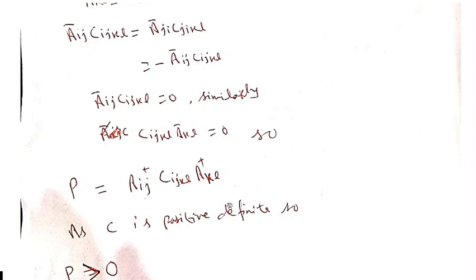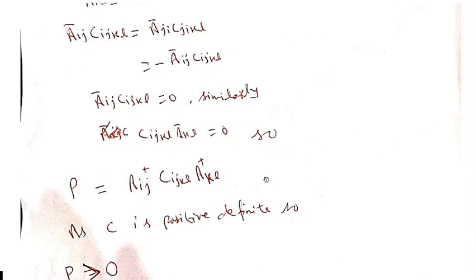As we know that C is positive definite, for any x, x transpose A x must be greater than 0 for a positive definite matrix. As C is positive definite, S transpose C S is greater than or equal to 0.